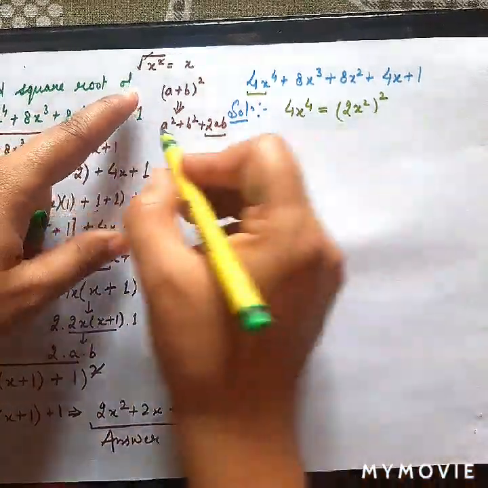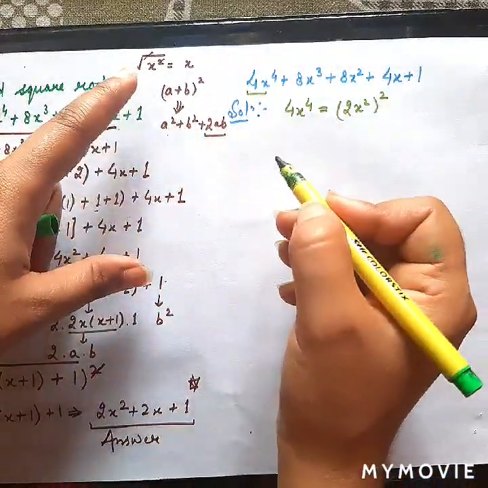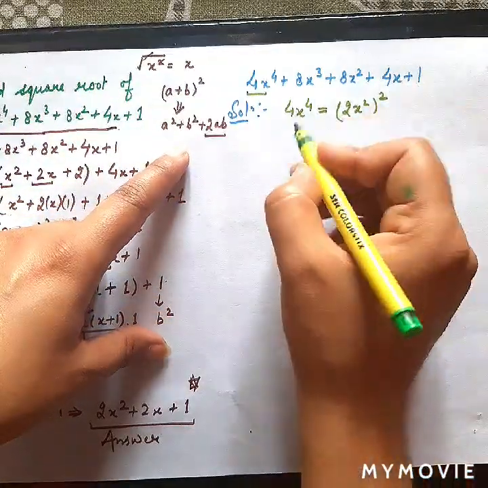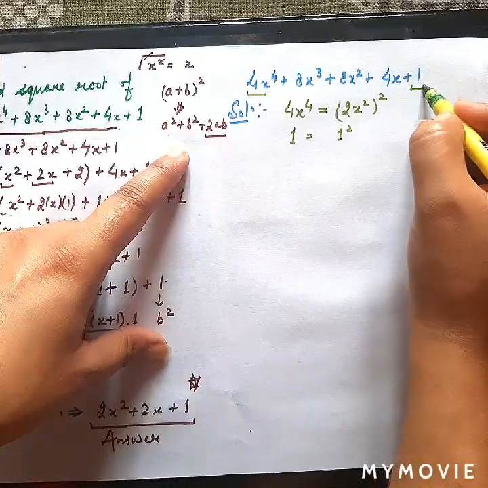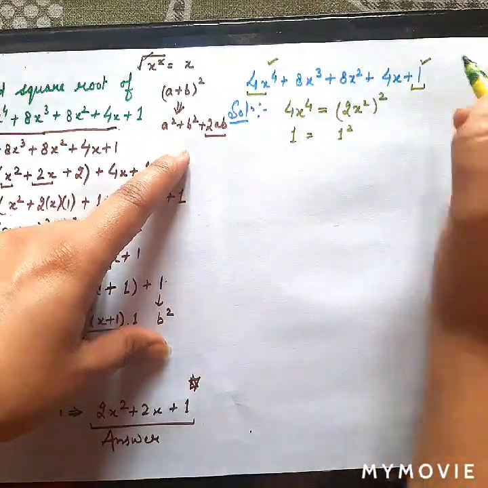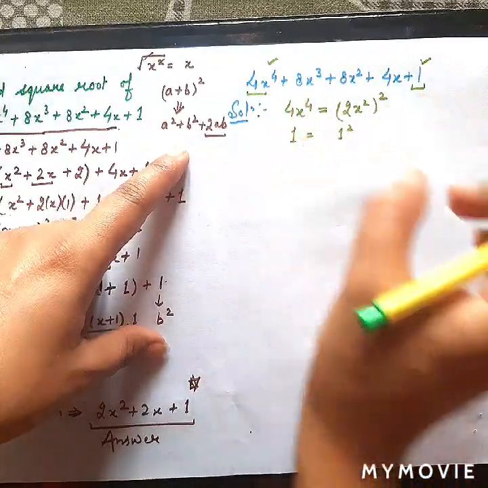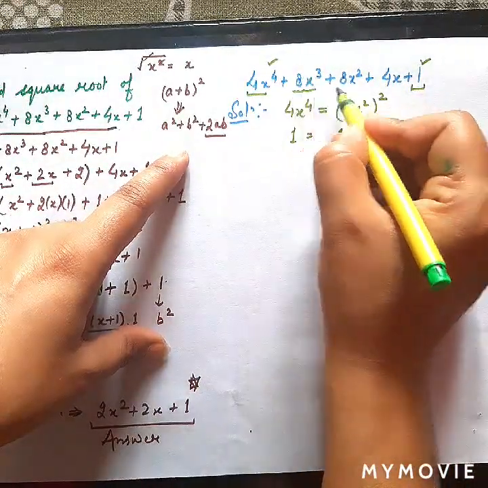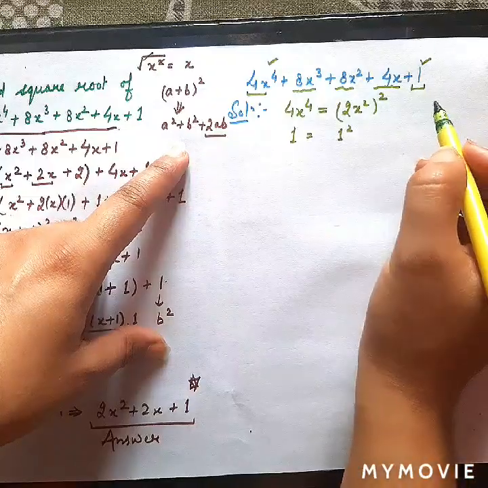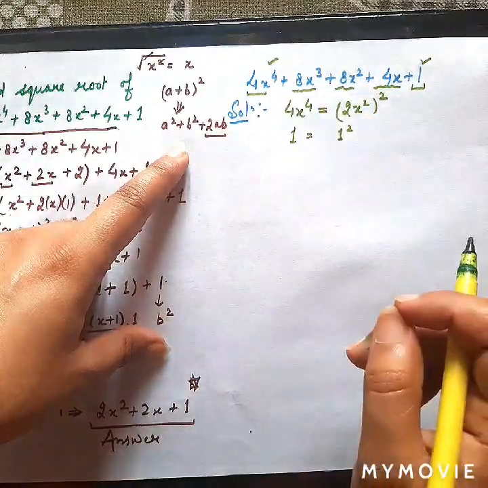Fine. I will explain this further, just wait. And 1 can be written as 1 square. So these are the two extreme values of this polynomial. We have written these in such ways, right? Now we need something for the values lying in between these extreme values.